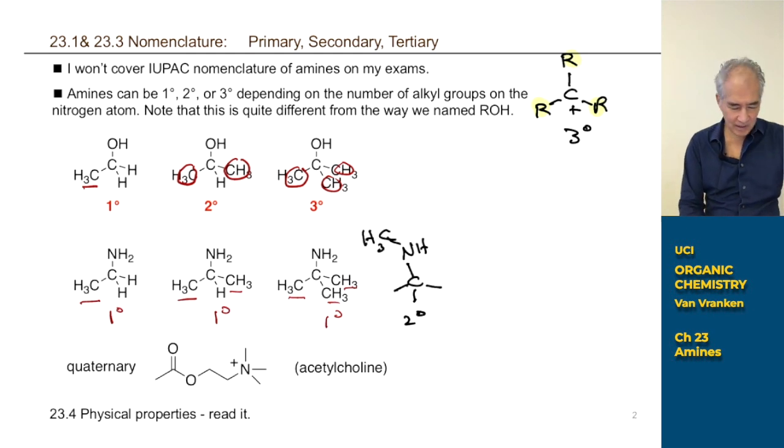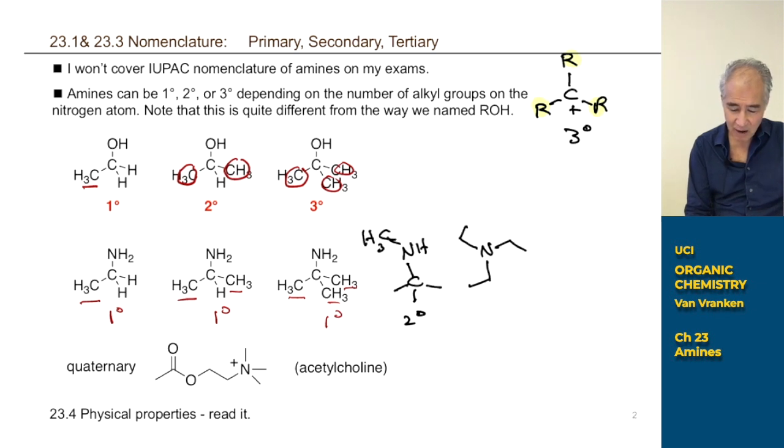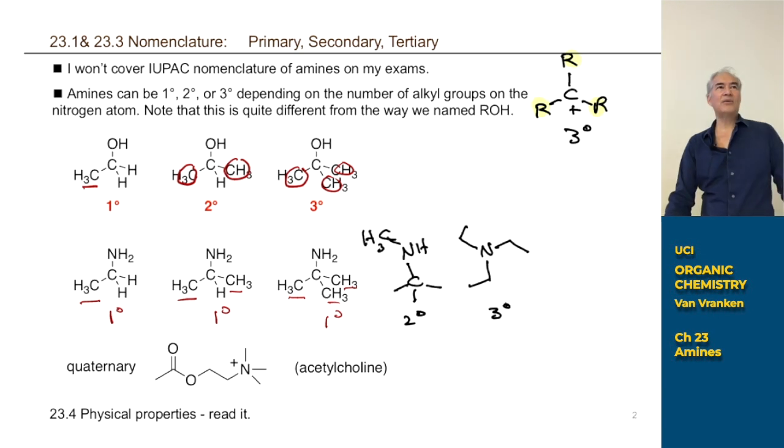So if I want to talk about a tertiary amine, like triethylamine, which is the most common one that we'll see, there's 3 alkyl groups now on the nitrogen atom. This one we call a tertiary amine. So this primary, secondary, tertiary doesn't have to do with the carbon that's attached to nitrogen. We use this system to describe how many alkyl groups there are on the nitrogen.